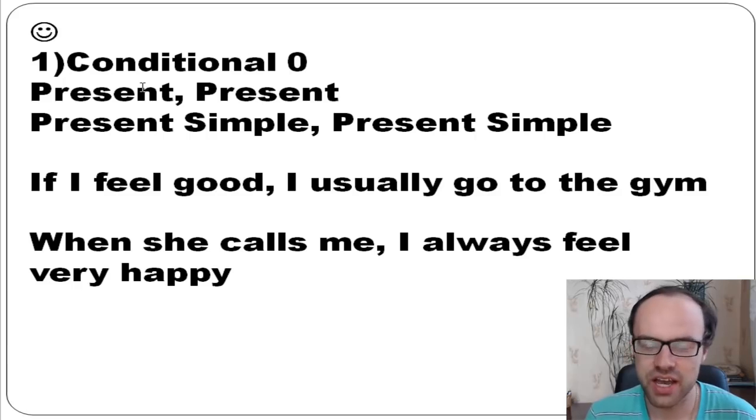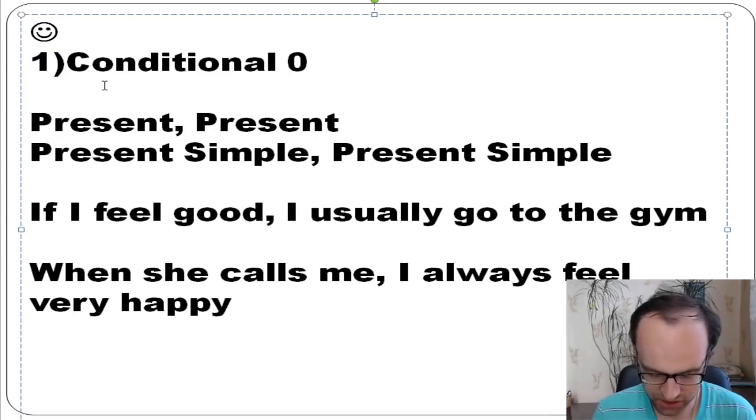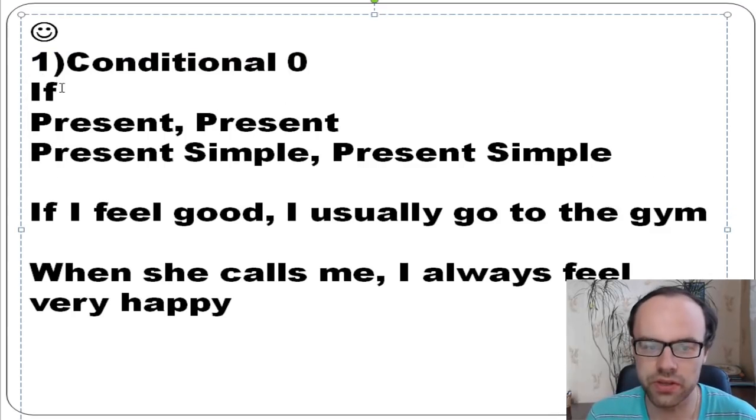Okay, so I remember that you asked me to make a video about conditionals. So let's do it. So zero conditional, we call it zero conditional. It's about sentences with if.